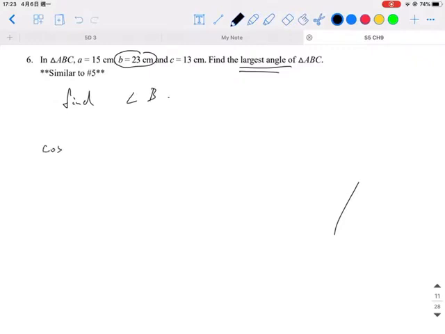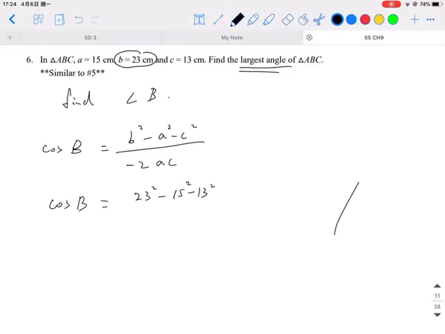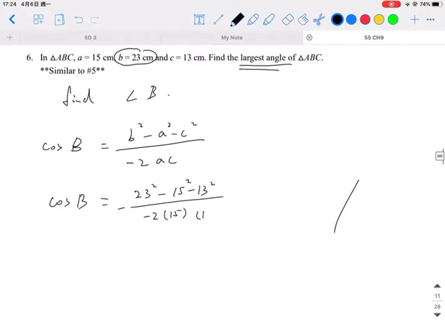So I apply the formula: cosine B is equal to b squared minus a squared minus c squared, like this, over negative 2ac. Just substitute the values of a, b, c, and you will get this value. It's not difficult to substitute, you just need to remember the formula correctly. So you will get angle B is equal to 110 degrees.